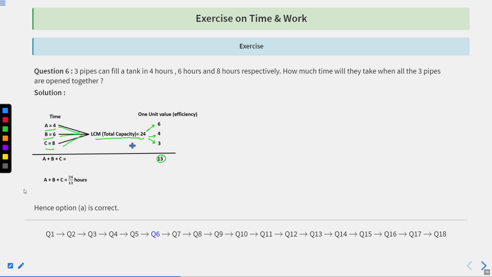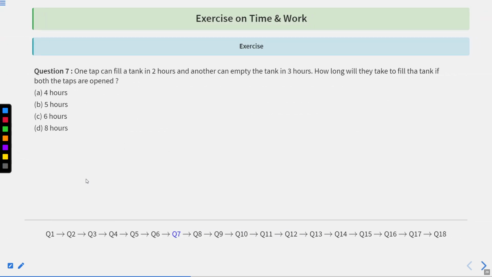So the total time taken by them will be 24, that is the total amount of work that has to be done, or the total capacity that has to be filled. And in 1 hour they do 13 units of work, so it will be 24 upon 13 hours. So the option correct here is option A.